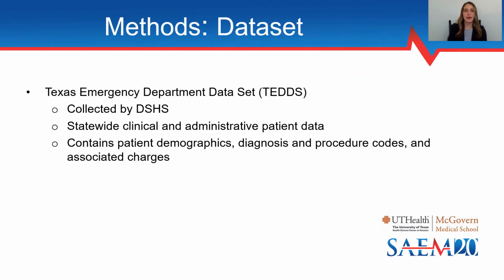We chose the state of Texas as our population because prior studies characterizing uninsured hemodialysis patients were limited to small regions in Texas, and thus we wanted to broaden the discussion to a statewide analysis.